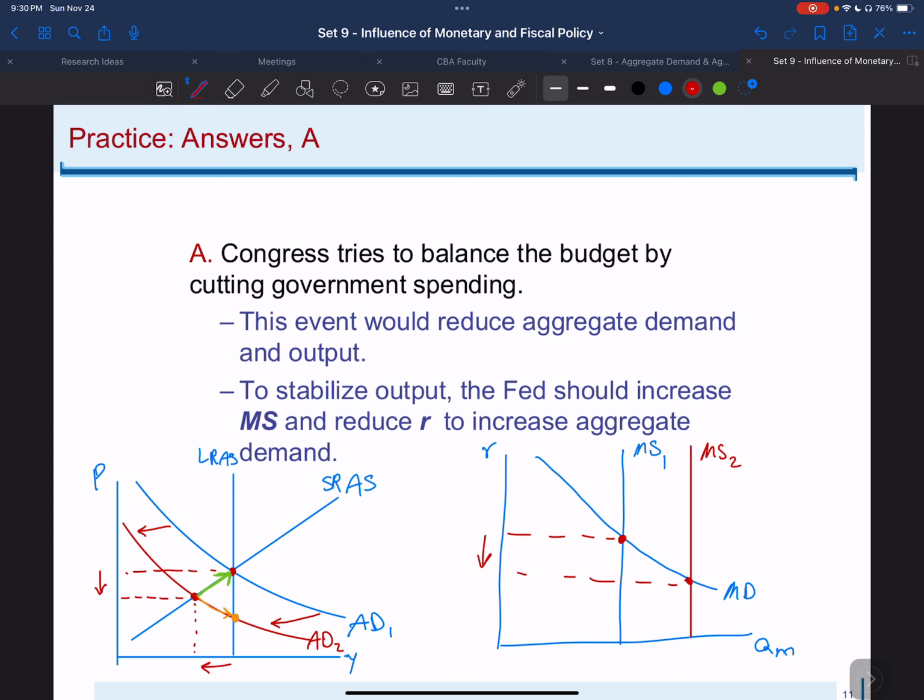Decreasing the interest rate is going to affect consumption and investment, and it will increase the aggregate demand, okay? With a reduction in the R, it will increase both of these, shifting the aggregate demand back to the long run point, okay?